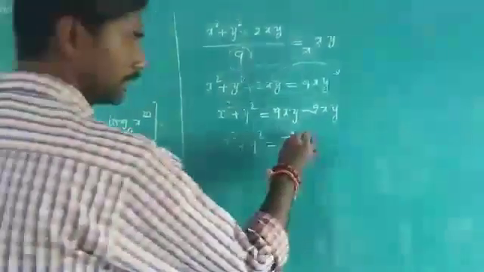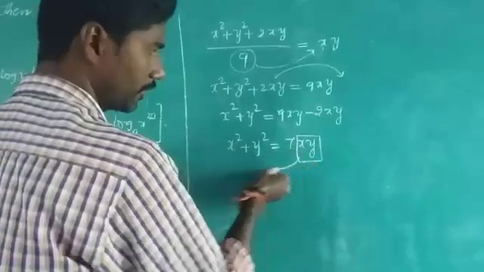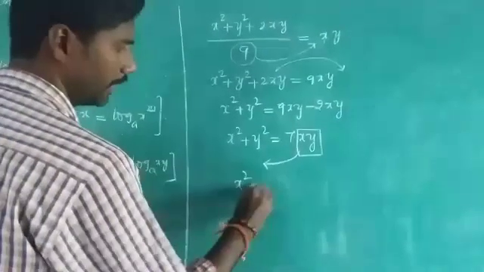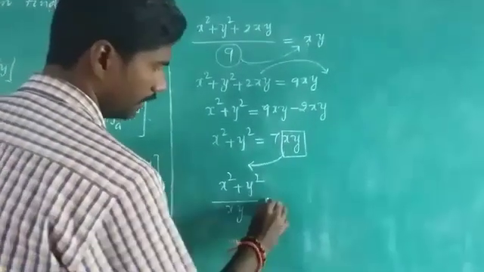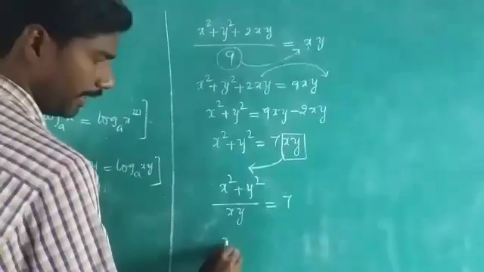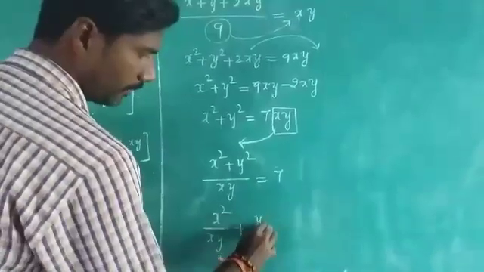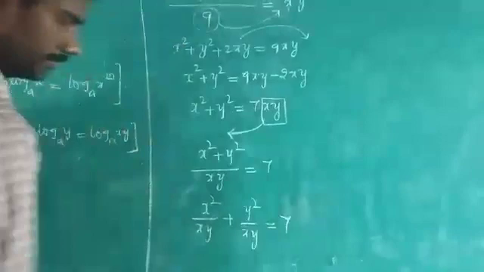Now xy is multiplying to 7, then you transpose it here. It will divide: x square plus y square upon xy is equal to 7. So what will you write? x square by xy plus y square by xy is equal to 7.